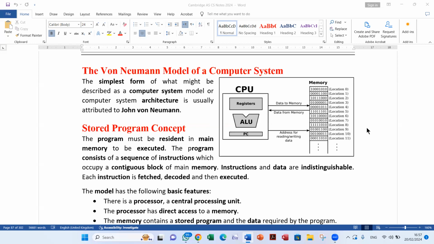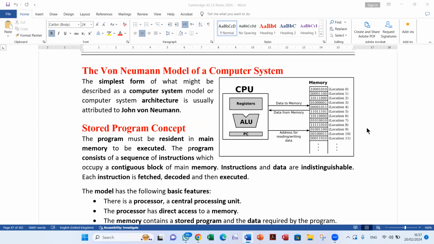There was a scientist called von Neumann who invented the very basic computer model. That's why it is named after him. You need to know this because it may appear in the exam.